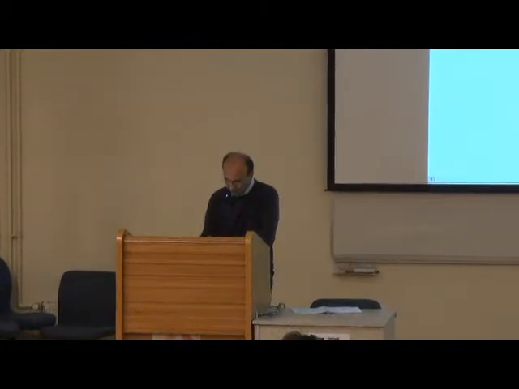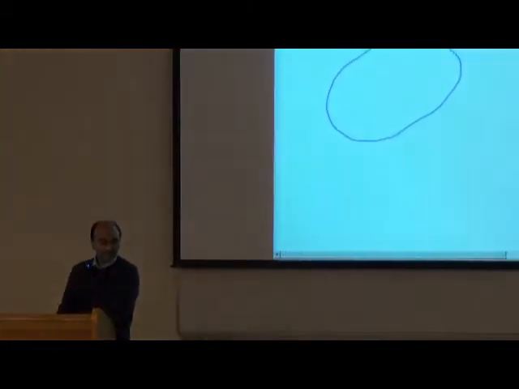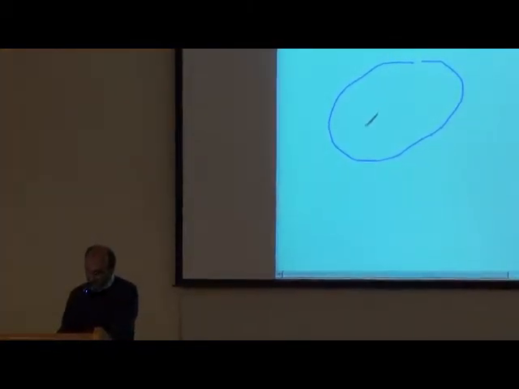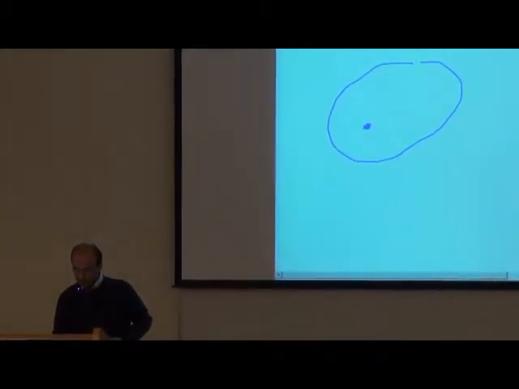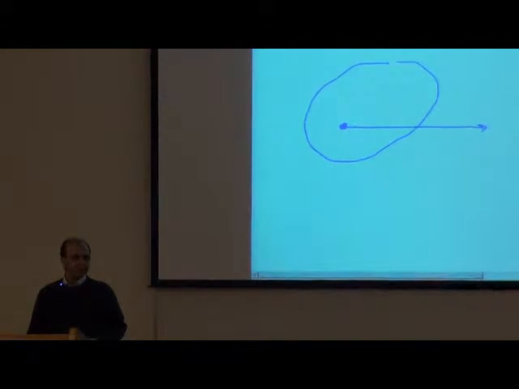Now, if an object, say a potato, is rotating around a fixed axis, say right here, we can put our coordinate axis in such a way that it will be right at the rotation axis.